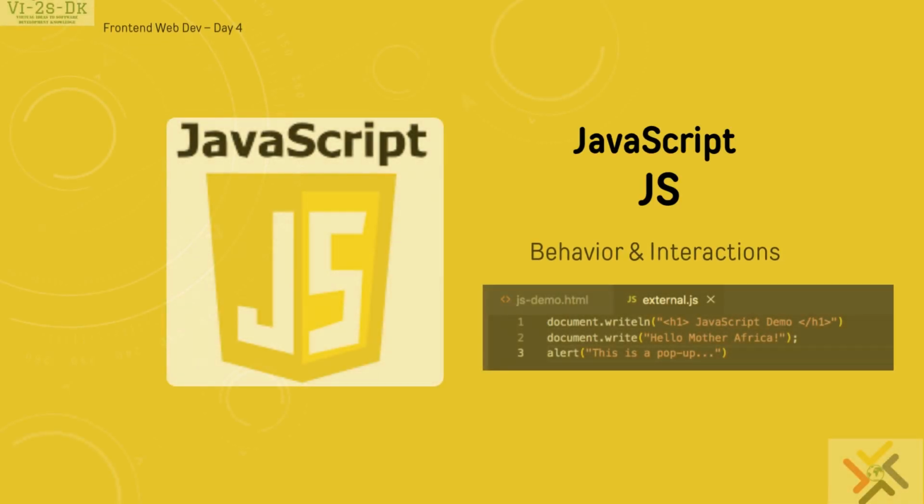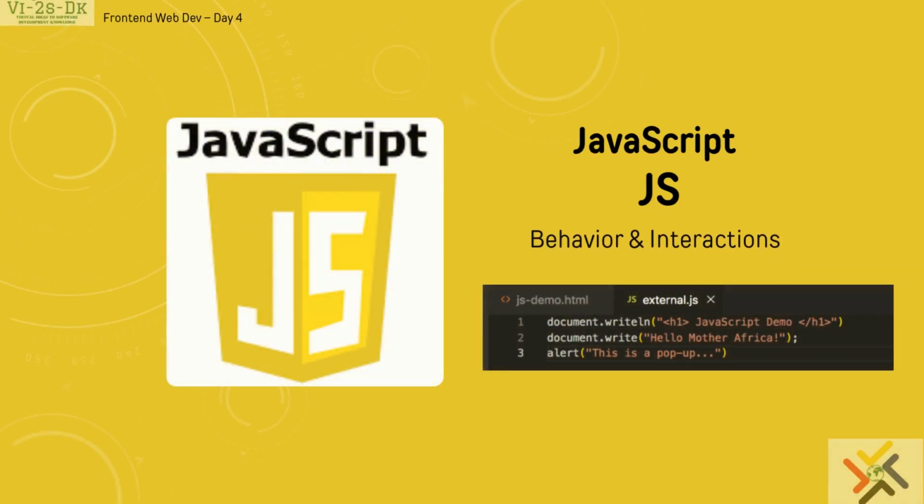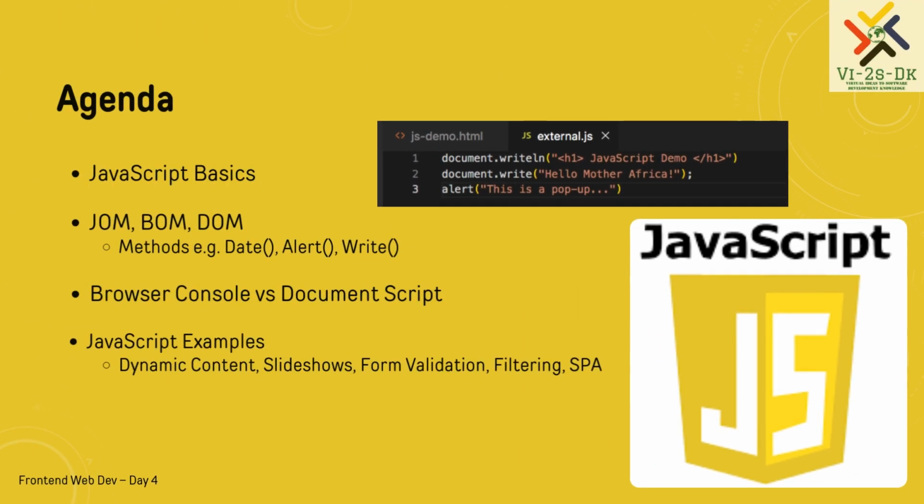All right, welcome to our fourth discussion on front-end web development. We'll be talking about JavaScript, how JavaScript is used on the web to affect the behavior and interactions of the document. So what are the things we'll cover today?